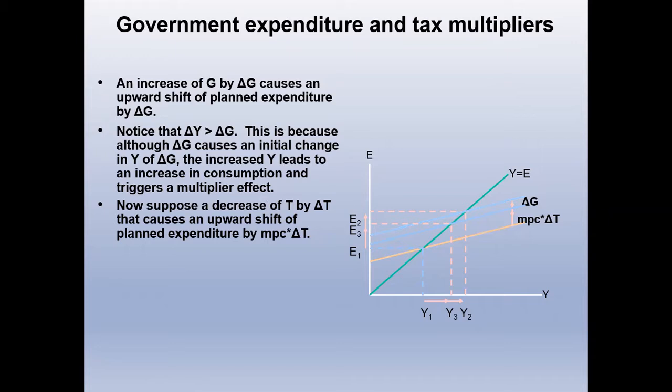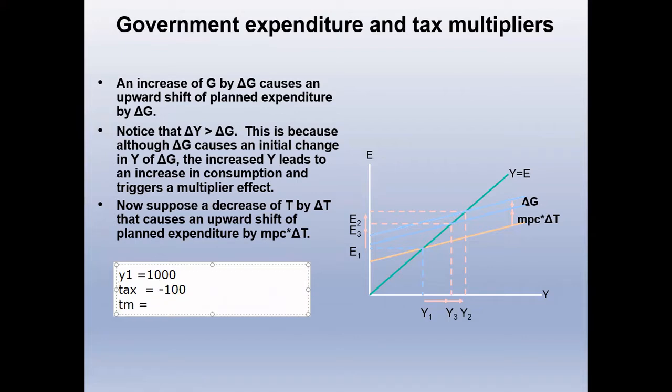So I will write another example, a numerical example, which is important. What will be the taxes? Let's say, for example, the output was 1,000, as I said, and I have here the tax multiplier. The taxes are not increasing, they will decrease by 100. And assume that the tax multiplier equals negative 1.5.